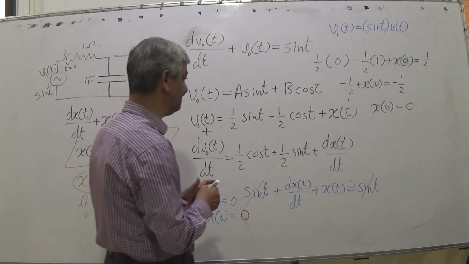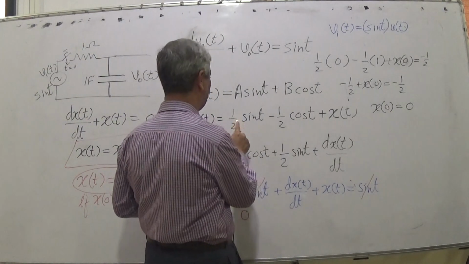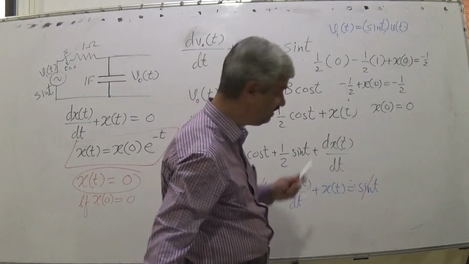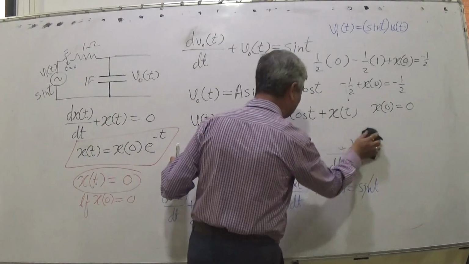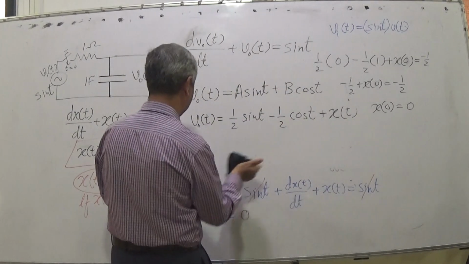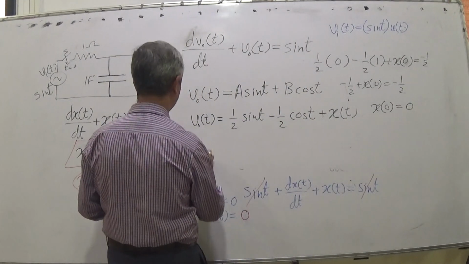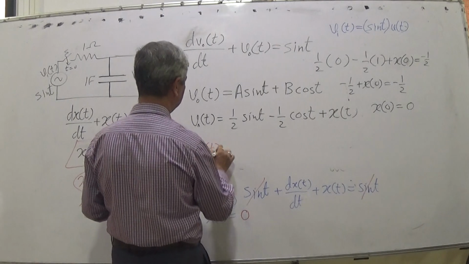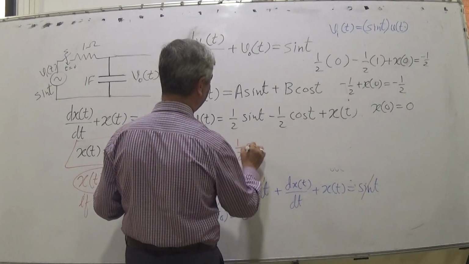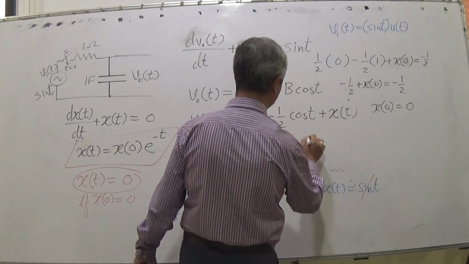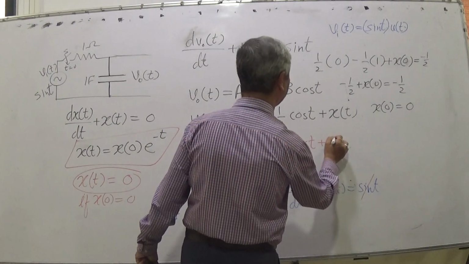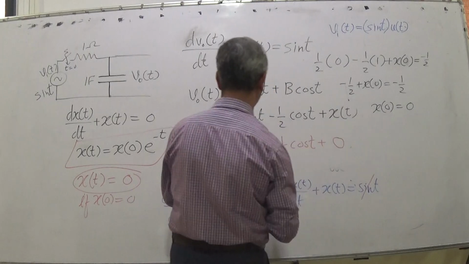So the final answer: v_o(t) is equal to half sin t minus half cos t plus x(t). Final answer in this case is v_o(t) is equal to half sin t minus half cos t plus 0.